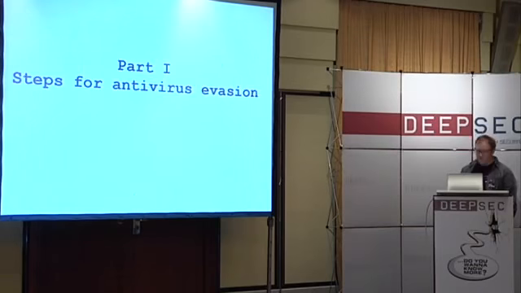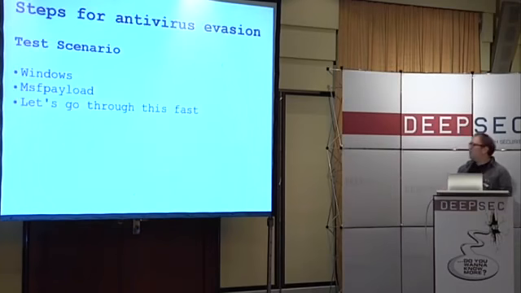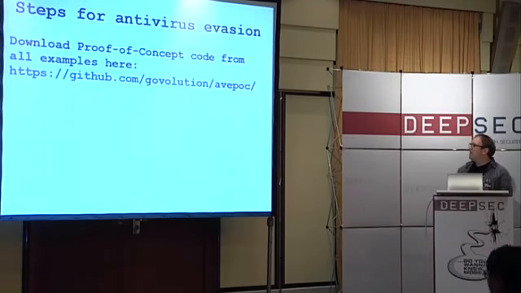So what are the basic steps for doing antivirus evasion? In the test scenario, of course, Windows, MSF payload. I won't explain every detail because I already wrote an article about this, which is in the link section of the slides, and you can download it if you like.